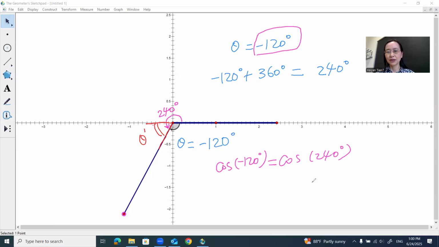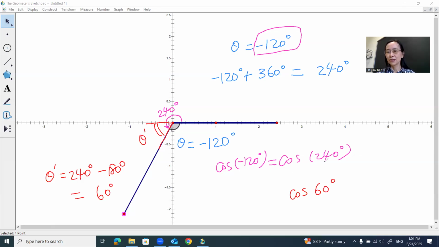So theta prime can be determined, which is 240 degrees minus 180 degrees. So we get 60 degrees. So you want to use cosine of the reference angle, cosine 60 degrees.